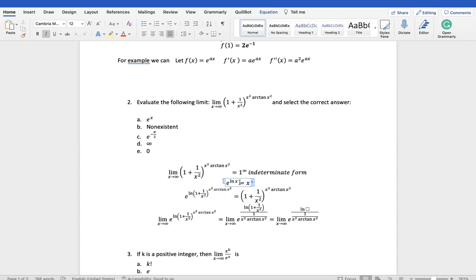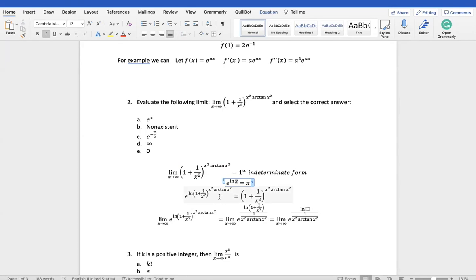Sorry about that, guys. Okay, so what you use now is the expression e to the ln x being equal to x, okay? And now, in this expression, all you do is you substitute x by our entire function here. Because remember, this expression applies for any function f of x.